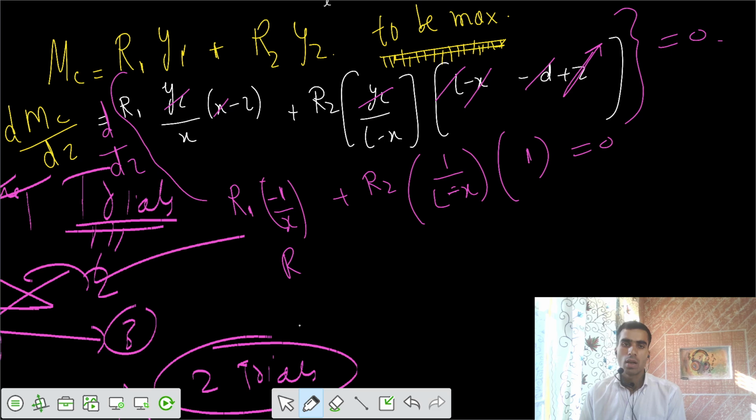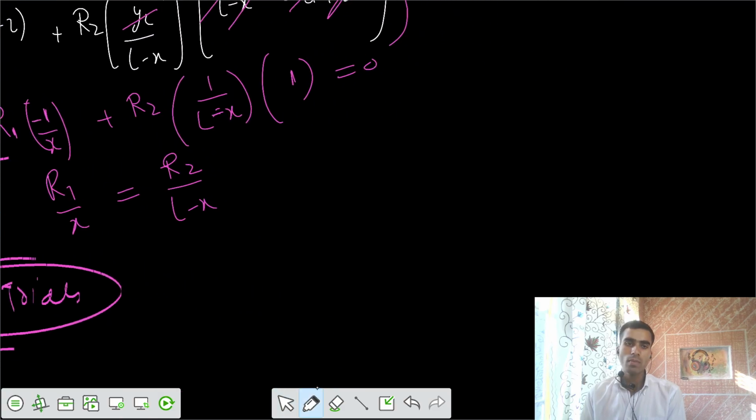So that means r1 by x is equal to r2 by L minus x. Now, if I write it in terms of r1 by r2, or should I write it the other way?